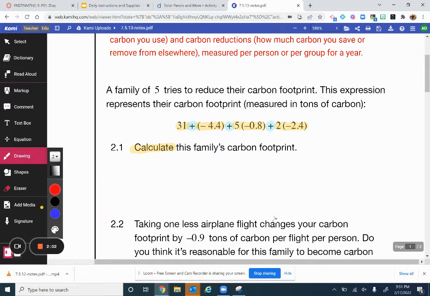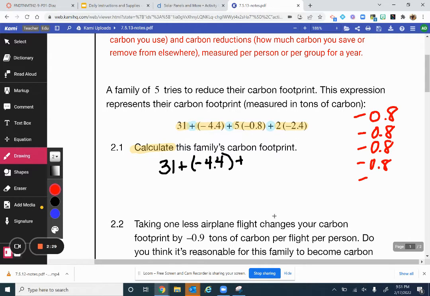Okay, so as I work this one out, this first part is 31 plus negative 4.4 plus now that 5 groups of 0.8. 5 groups of negative 0.8 is negative 0.8, once, twice, 3, 4, 5, or you can multiply them.